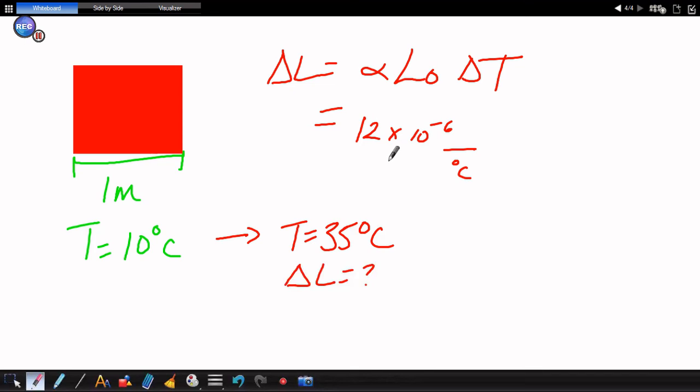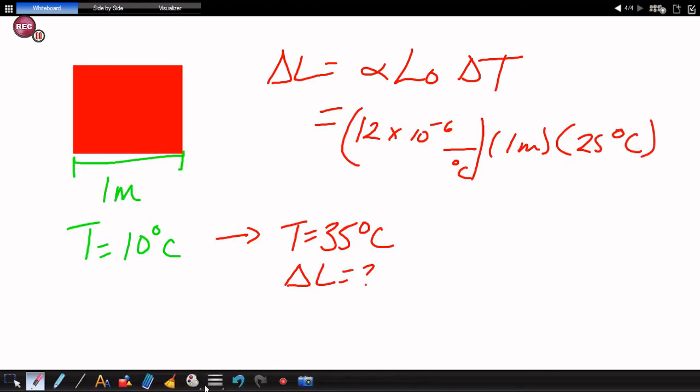What that means is the fractional change in length is 12 parts in a million per degree Celsius. So we have that constant. And then our original length is 1 meter, and our change in temperature is 25 degrees Celsius.